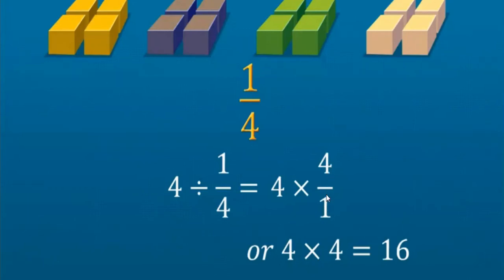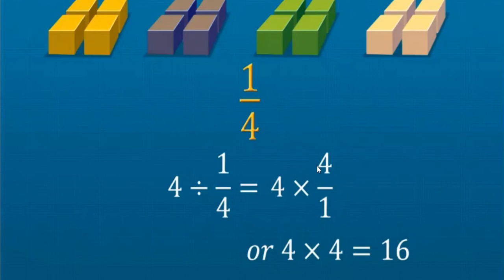After taking the reciprocal of the fraction, it is multiplied with the whole number. So whenever it is asked to find the division of a whole number with a fraction, you have to take the reciprocal of the fraction and multiply.